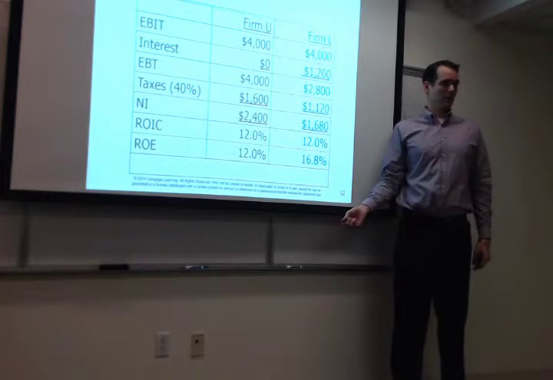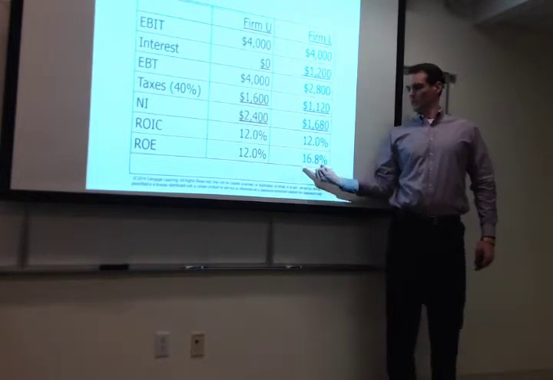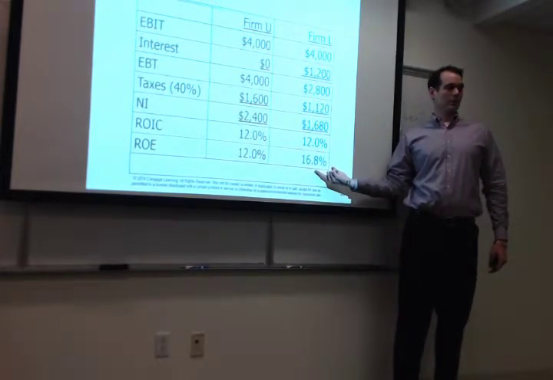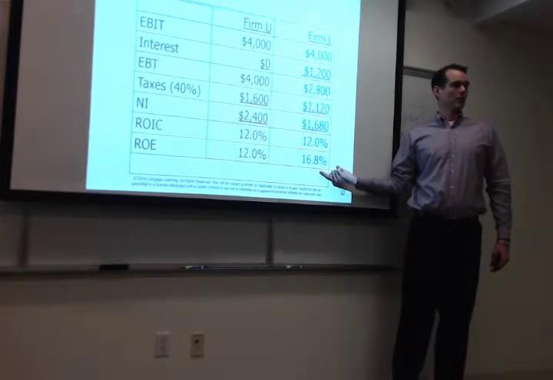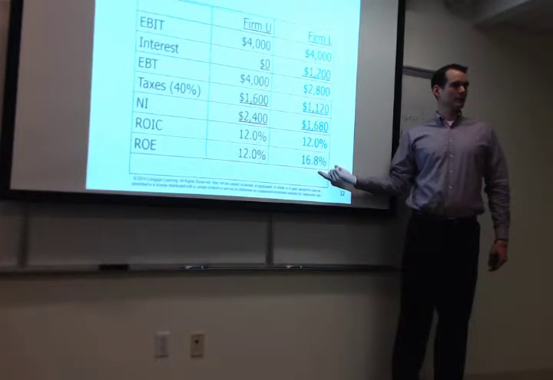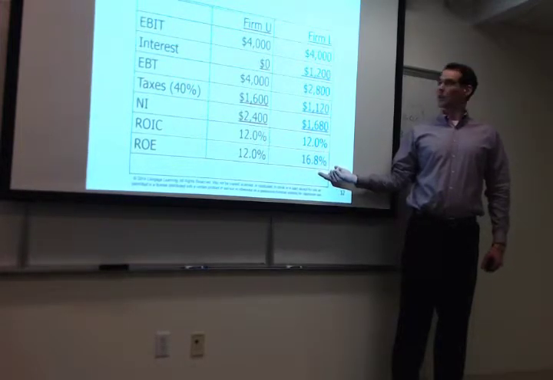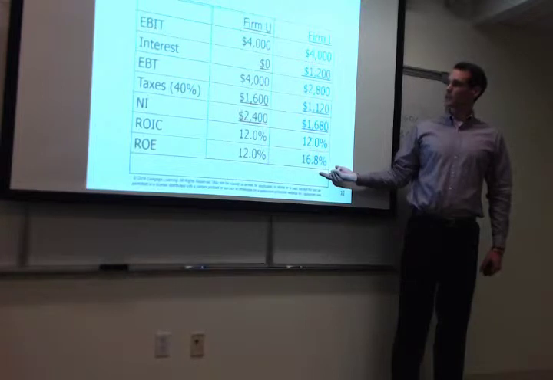Yep. And the return on equity increased for both firms, but firm L had a higher return on equity than firm U. Yes. Why did firm L have a higher return on equity? The tax.